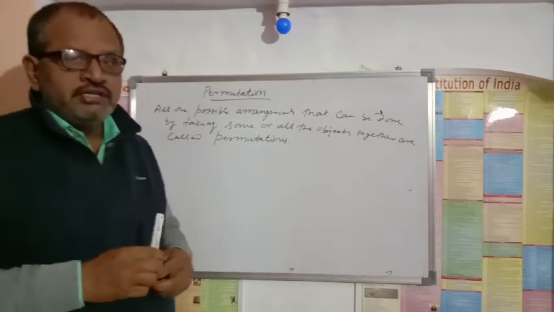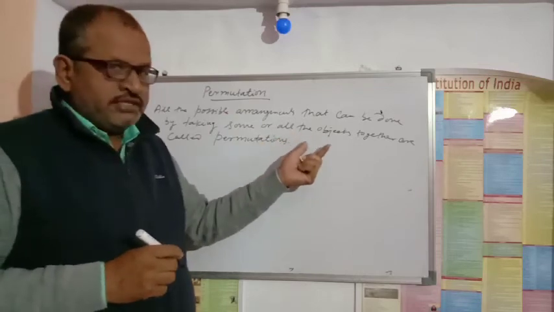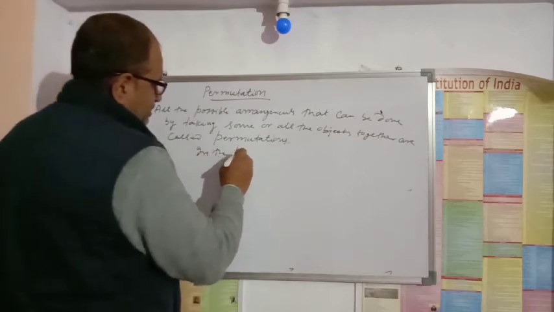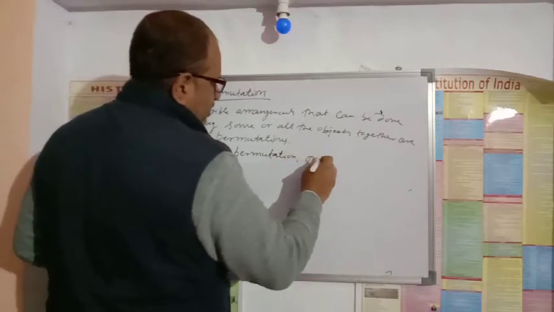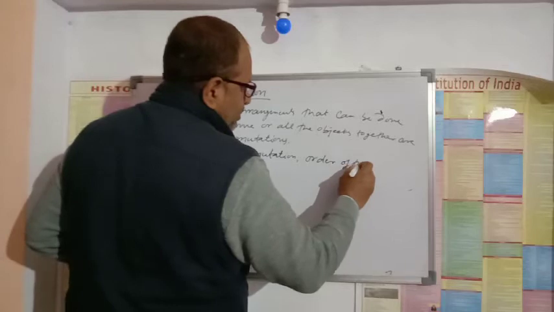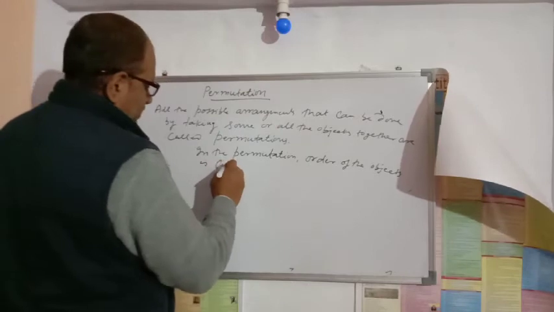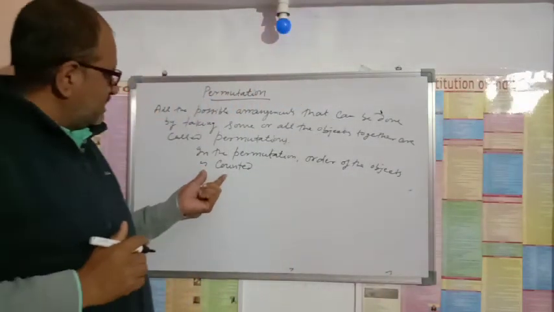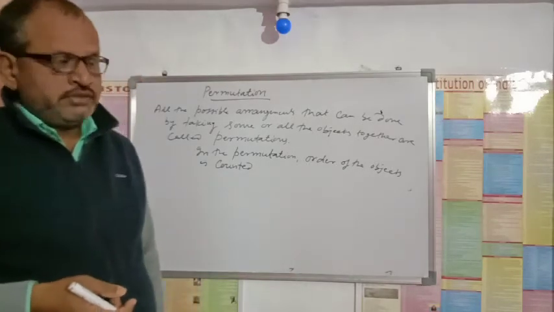Each arrangement is called a permutation. Here in the permutation, order of the objects is counted. If we change the order of the objects, we will get a new permutation.